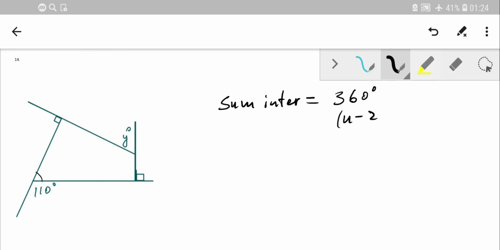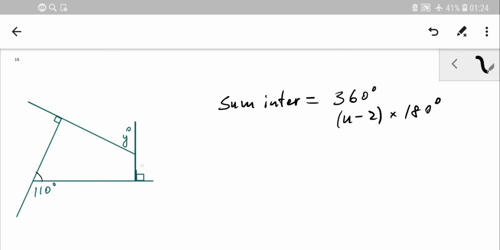Yes, again, n minus 2 times 180. This is the formula for the sum of interior angles. First of all, we need to find as many interior angles as we can. So that's 70 here. That's 90, that's also 90.